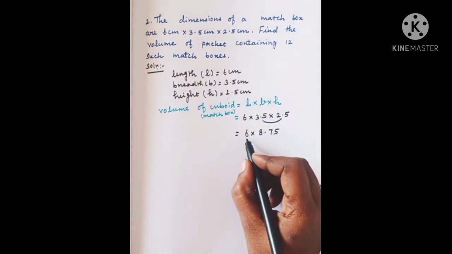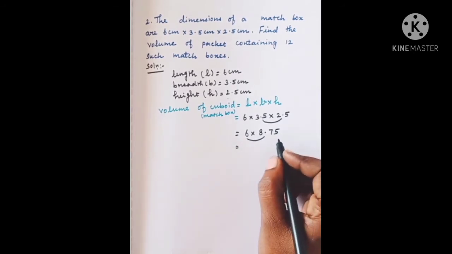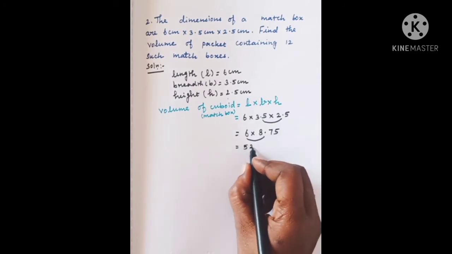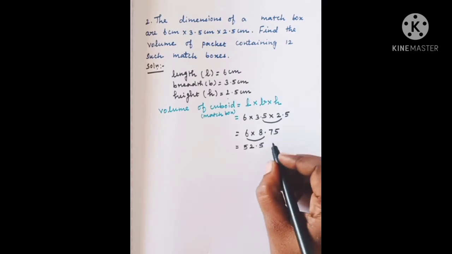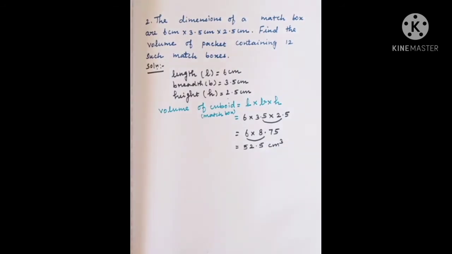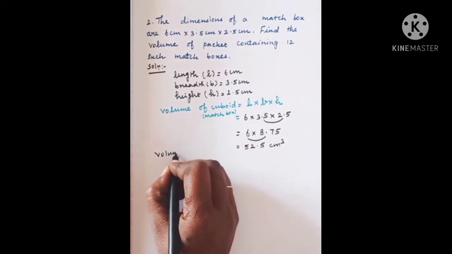Now multiplying 6 into 8.75, you will get 52.5 centimeter cube. This is the volume of the cuboid.